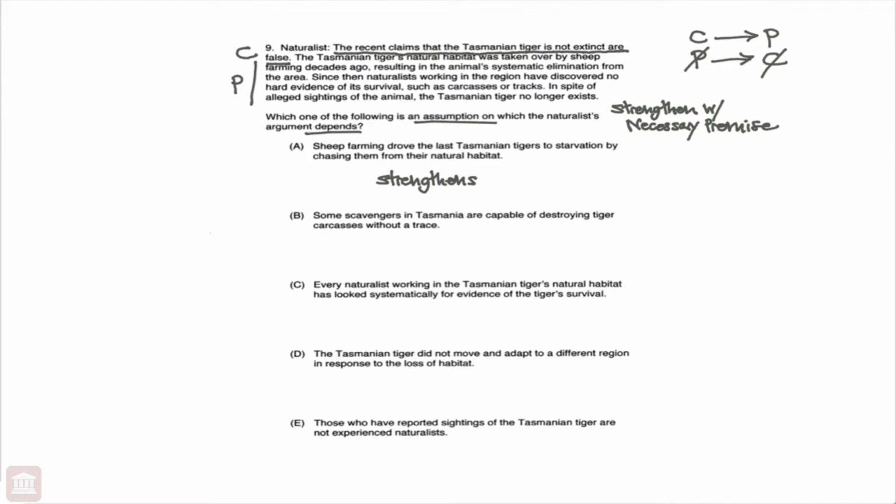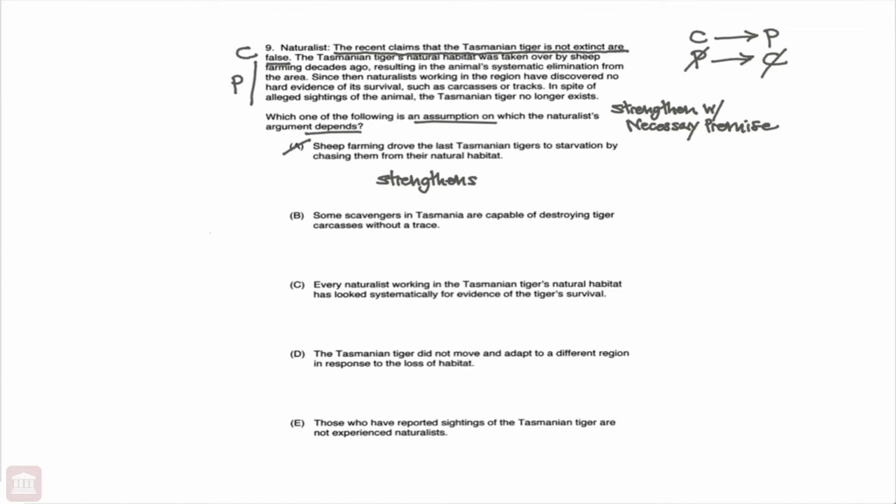That's fine if it didn't do it to the last tigers. What if it did it to all the other tigers? Maybe the last few tigers died for some other reason, and it wasn't starvation. So A, while it does strengthen, is not required for the naturalist's argument. So A would be eliminated. B: some scavengers in Tasmania are capable of destroying tiger carcasses without a trace.